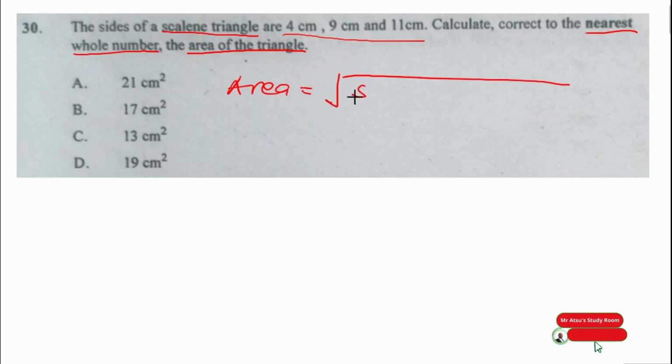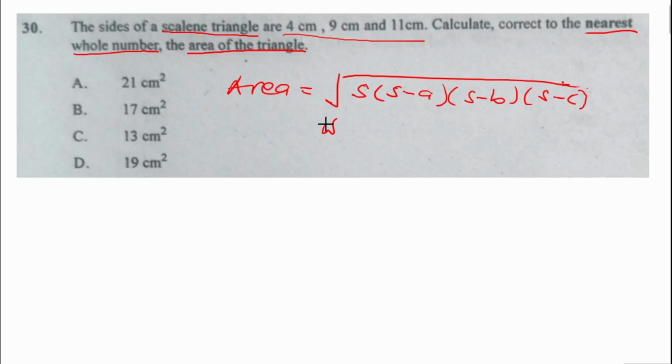square root of s multiplying s minus a, also multiplying s minus b, and then multiplying s minus c, where s is a plus b plus c all divided by 2, and a, b, and c are the three sides of the triangle.